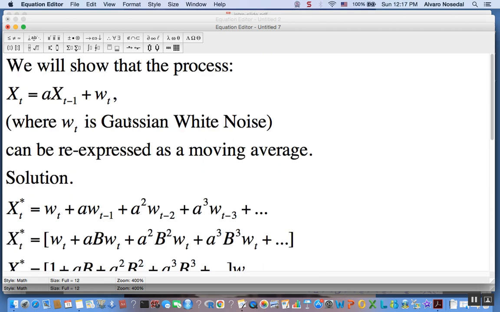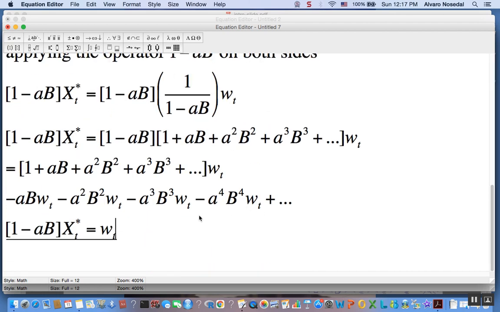That's what you showed here, because we started with a moving average, like this one, an MA infinity, and then we showed that you have this. It's the same as an AR1. Let me just underline that here, right?